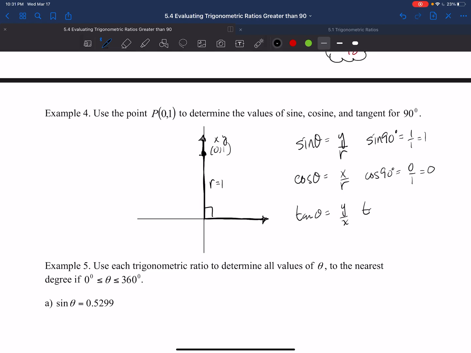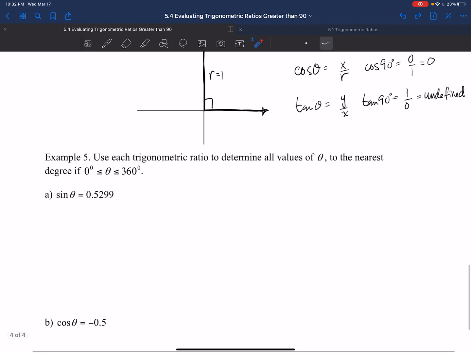So the tan of 90 would be 1 over 0, which is undefined. So the tan of 90 is undefined. And again, you can do this for any of the cardinal directions. So 0 degrees, like we just did for 90, you can do it for 180, 270, or 0 and 360 are the same, right? So it would be easy for that.